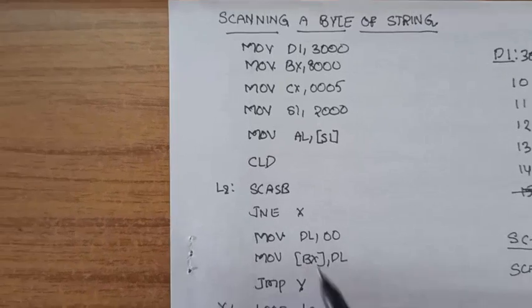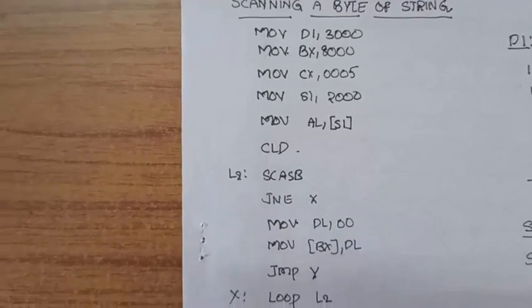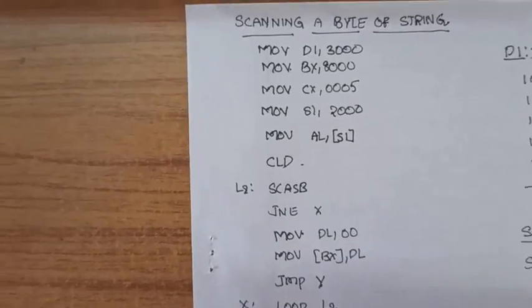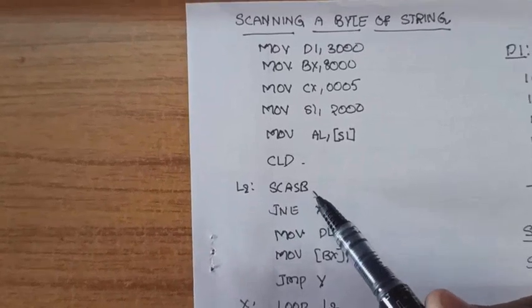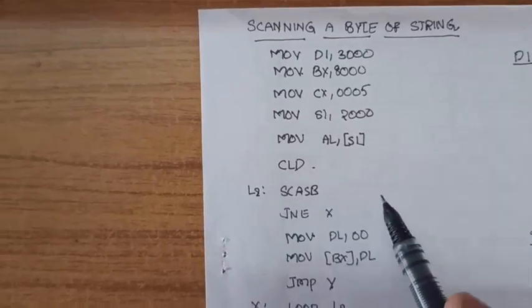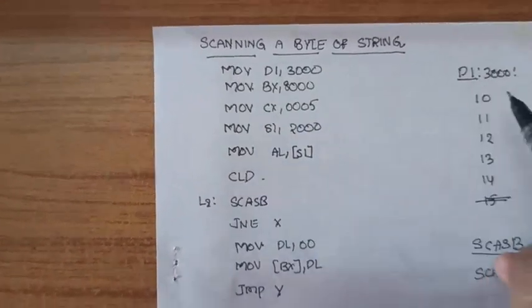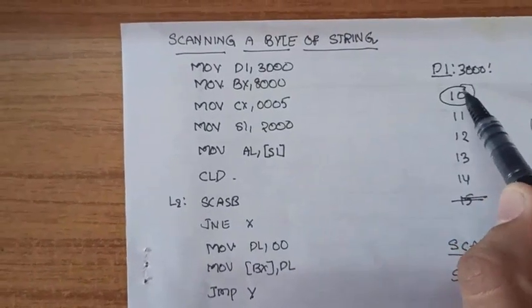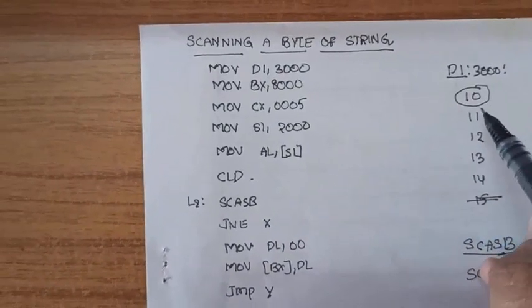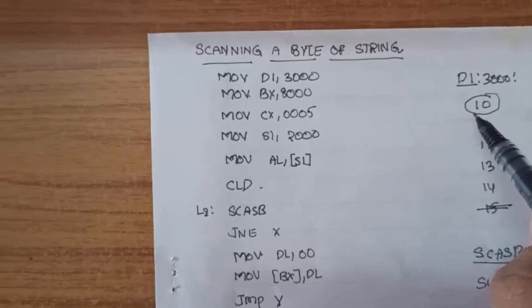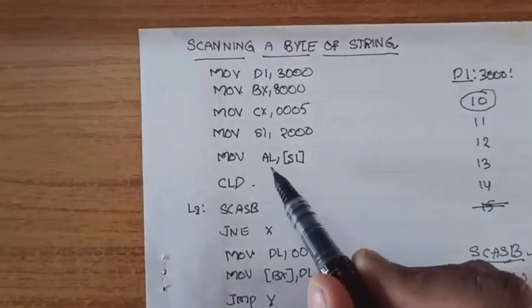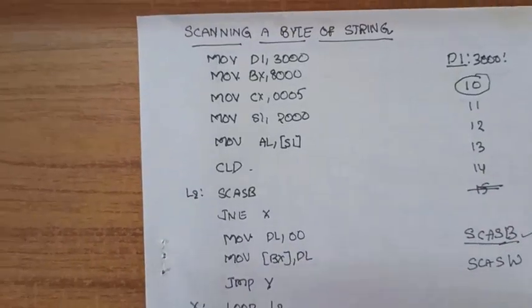Now the logic comes. Clear direction flag. Now scan string byte. What this does is scan one byte from the location pointed to by DI. The first data of DI is scanned, and it is internally compared with the data already loaded in AL. This is the scan register.